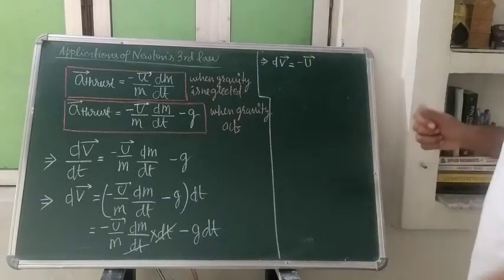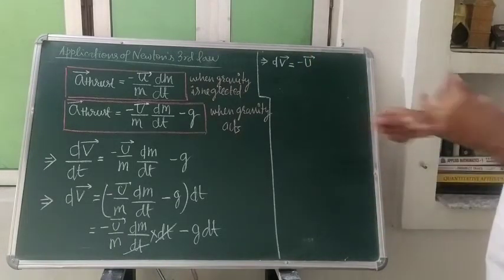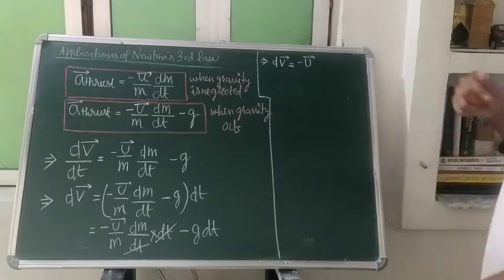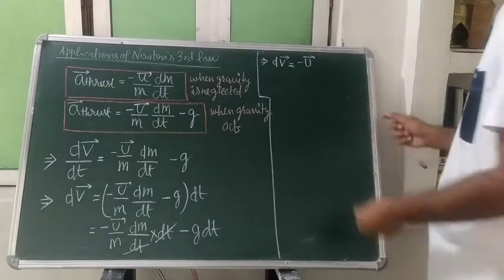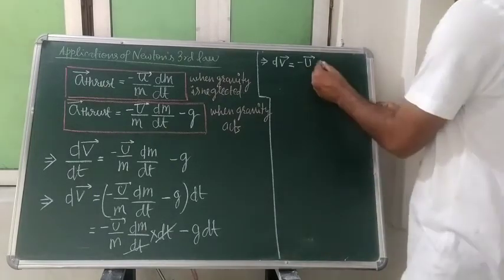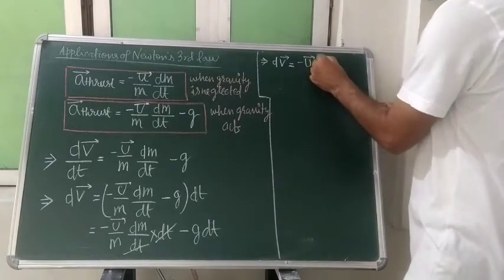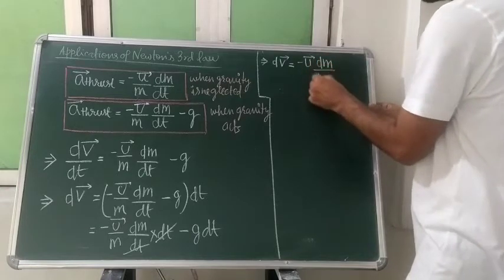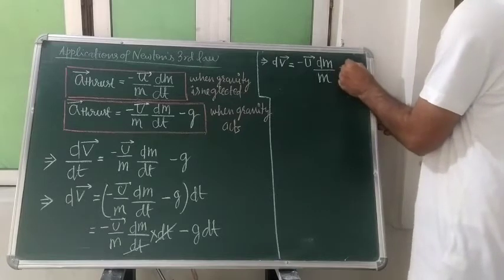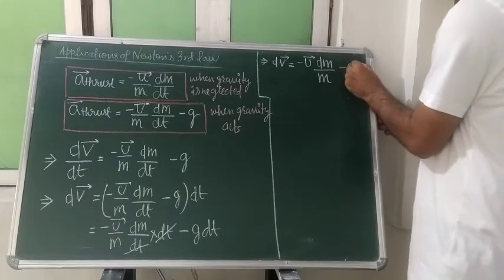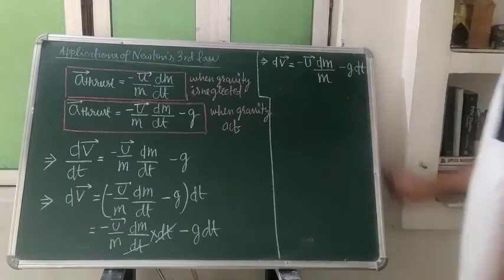The starting velocity we are giving to the rocket is not going to change, so that will remain constant throughout. So this del m upon m we can write, and here it will become minus g times del t.